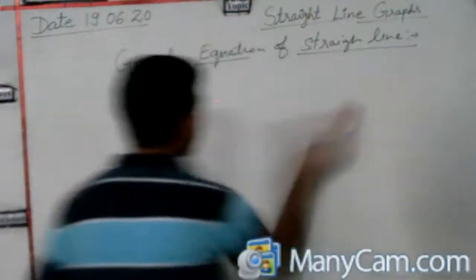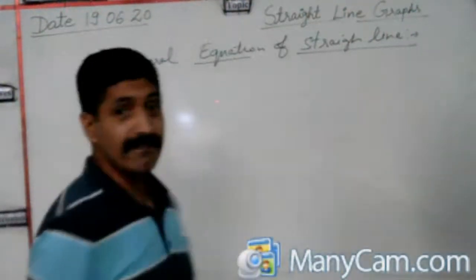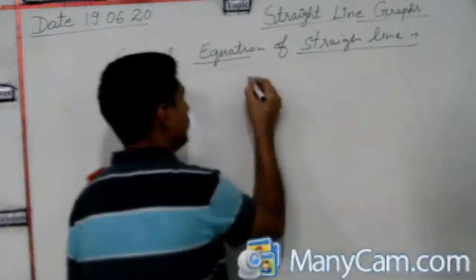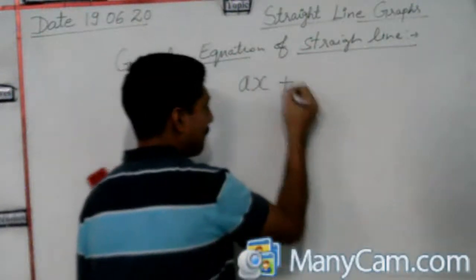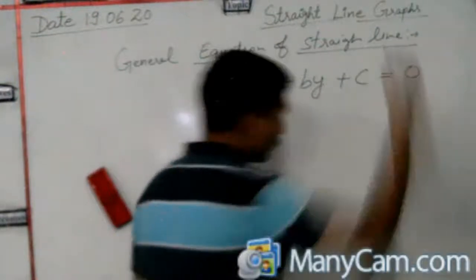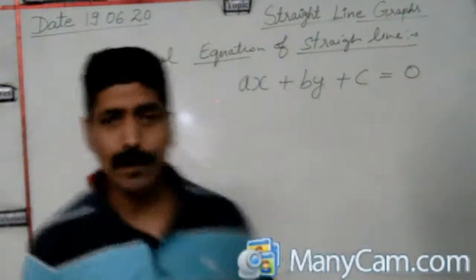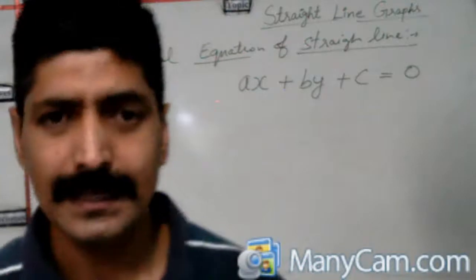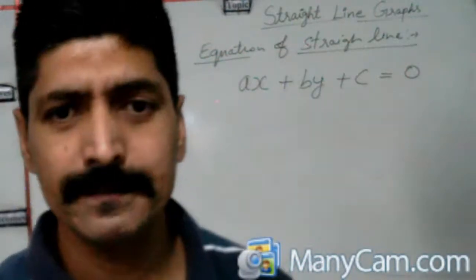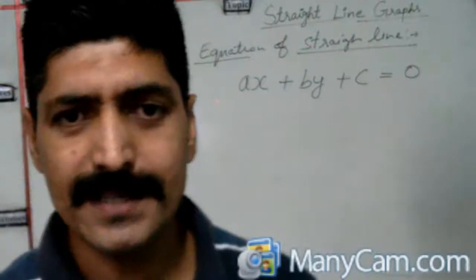The next equation of line can be represented in this way: ax plus by plus c is equal to 0. So many questions we have on this. This is also an equation of a straight line, and this is also the standard equation.